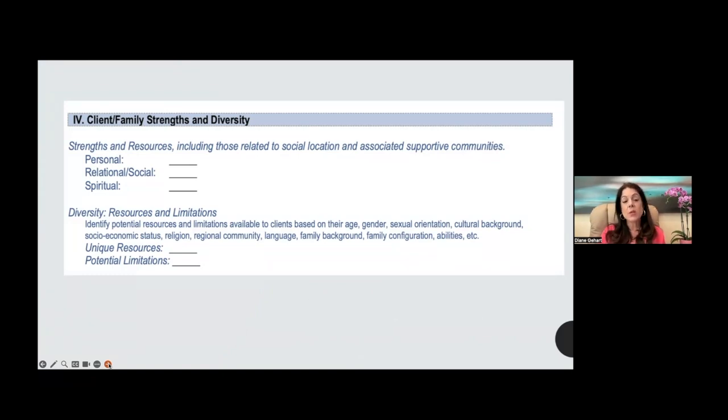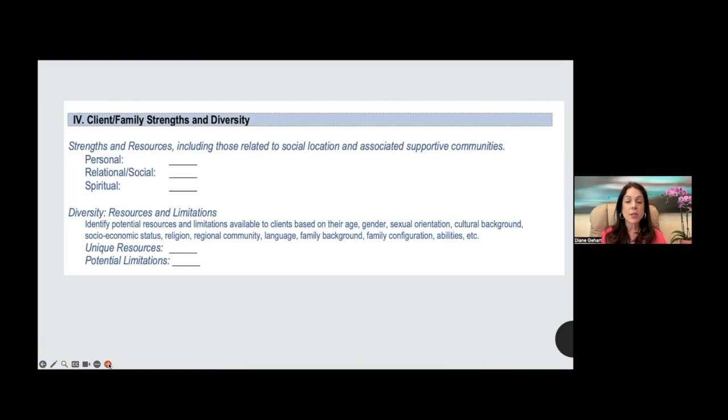And then, looking specifically, given their social location, right? What unique resources or potential limitations do they have related to age, gender, sexual orientation, cultural background, socioeconomic status, religion, regional community, etc.? So there can be a lot of unique resources.